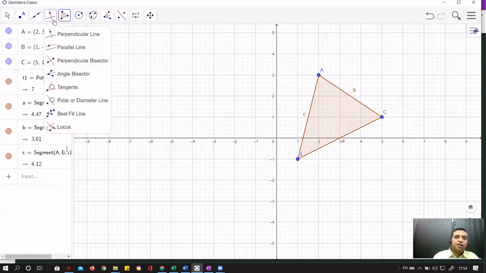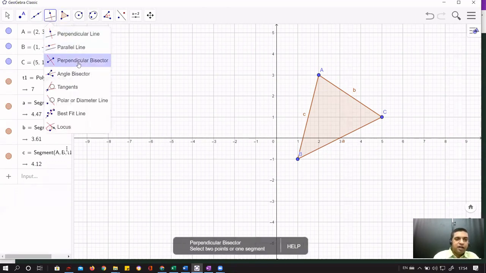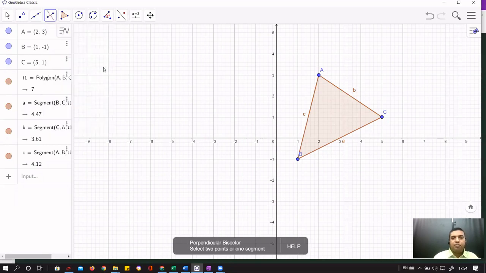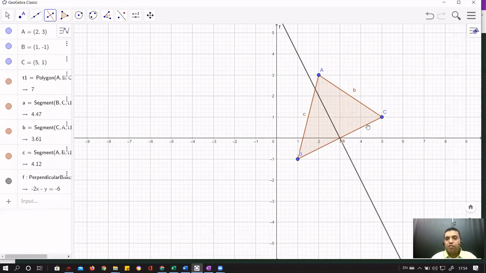Now I will draw the perpendicular bisector. You see this? I am taking the perpendicular bisector of BC. What is a perpendicular bisector? It is a line which is perpendicular to BC and it bisects BC.